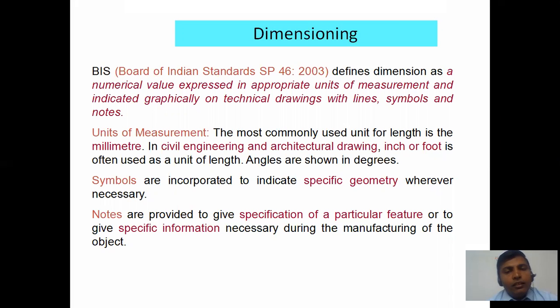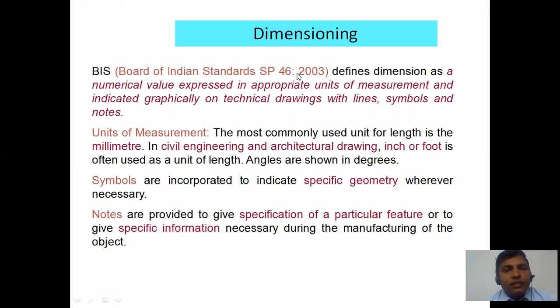In every 50 marks paper, you have to attempt four questions. Out of the four questions, almost 10 marks are for the dimensioning and the rules. If you understand the correct way of dimensioning, those 10 marks are yours. So in dimensioning, we learned in the previous lecture.